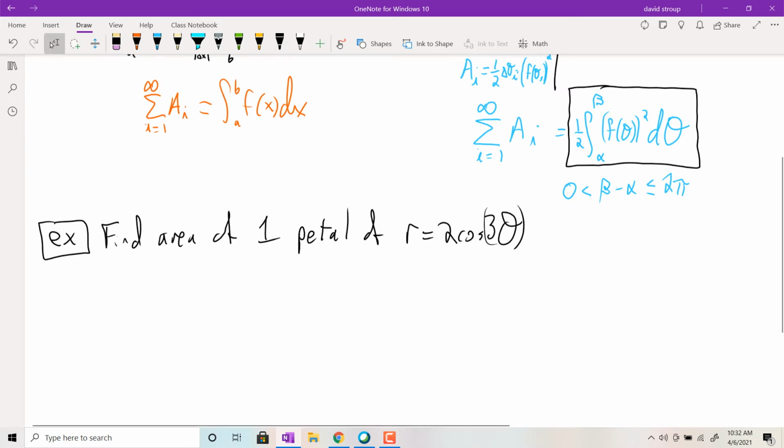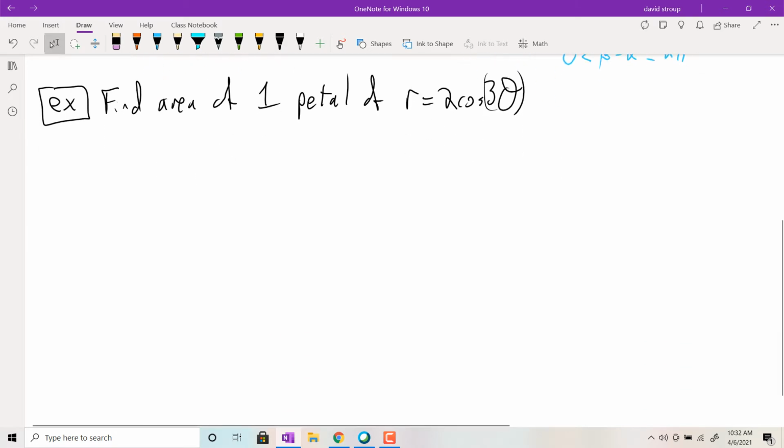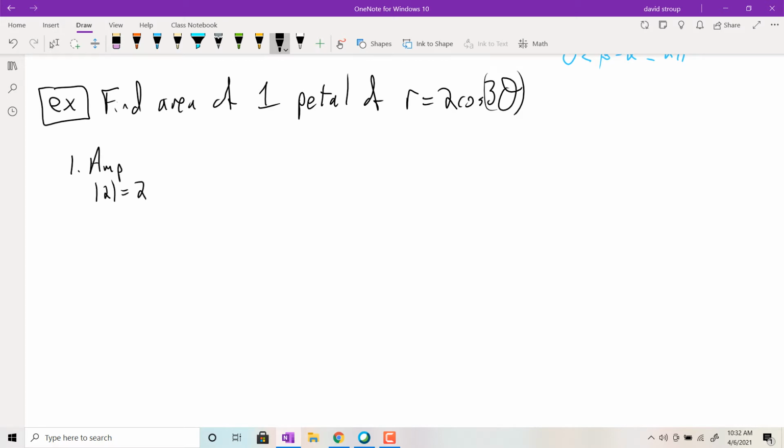So first I'm going to draw the thing and figure out the bounds on my angles for my integral. First, I go after my amplitude. The amplitude in this case is 2. Secondly, I go after my period. There's no phase shift. So I take this angle 3 theta and wedge it in between 0 and 2 pi, and then solve for theta by dividing all 3 sides by 3.